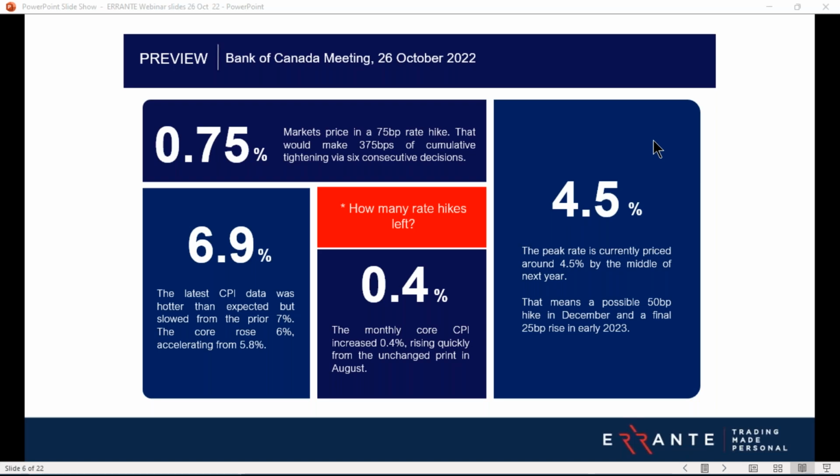So that is really something to bear in mind when trading the Canadian dollar, trading the loonie. It is the best performing G10 currency against the dollar this year, even though it's down 7%, and obviously that's all to do with equity markets and really the bear market that we've seen in equities.